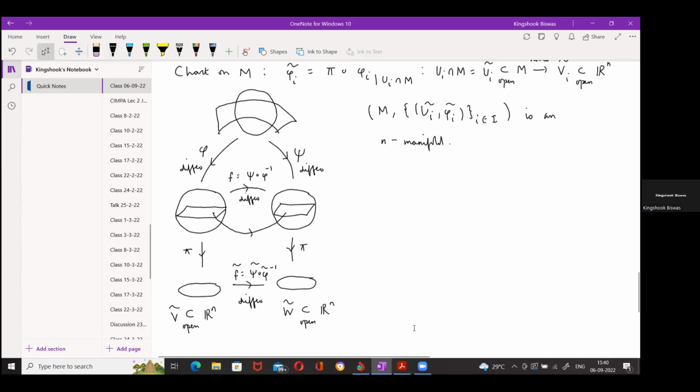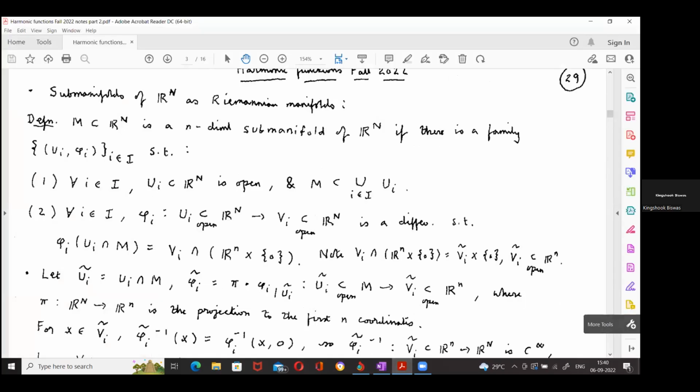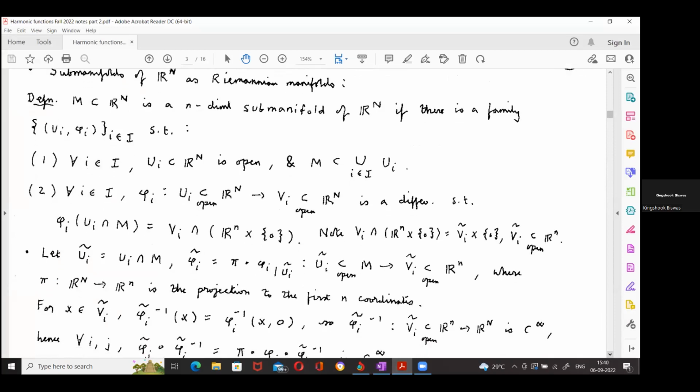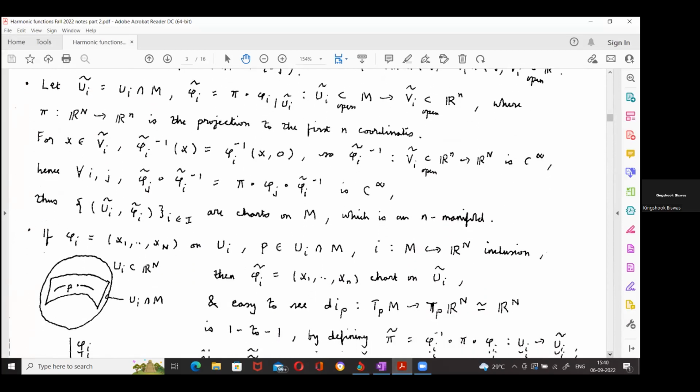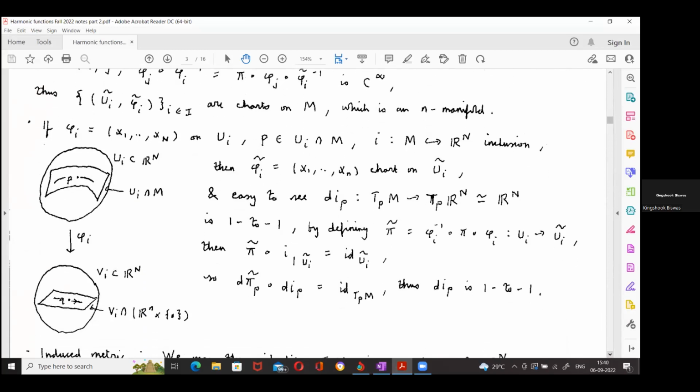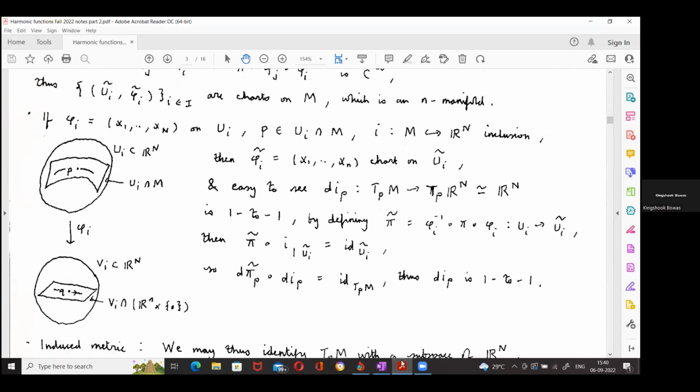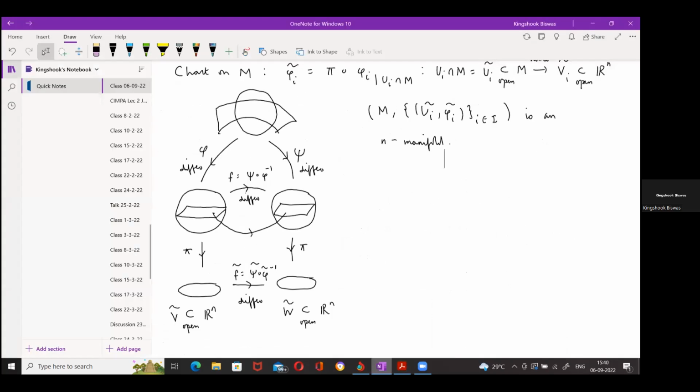So submanifolds of Rn are also manifolds, according to our earlier definition. And now, if you look at this picture, if I take a point here, then for a submanifold of Rn, the tangent space should be identified with a subspace of R capital N, right?